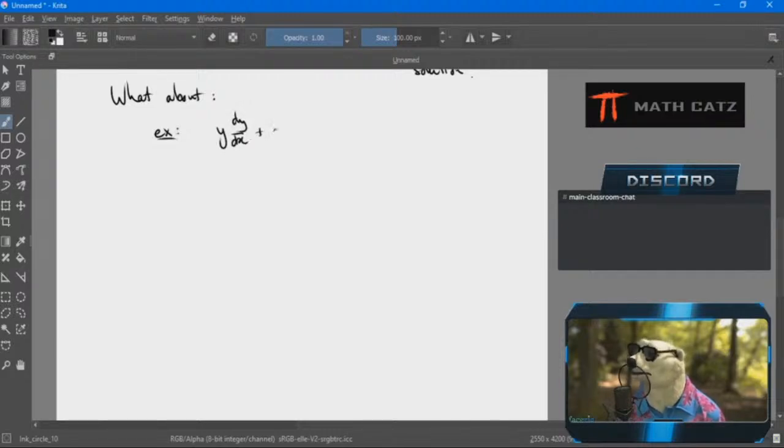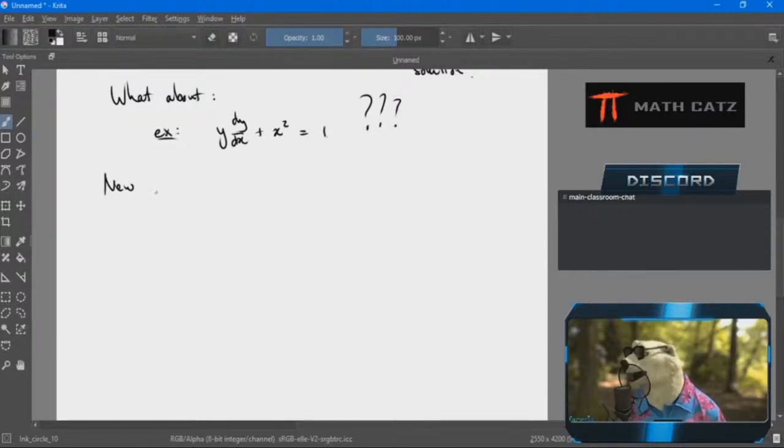Sure, there can be some x's here. Maybe there's an x squared, and maybe the other side just a 1. What about an equation like that? Now, recognizing it as a straightforward antiderivative question is not as easy for us.